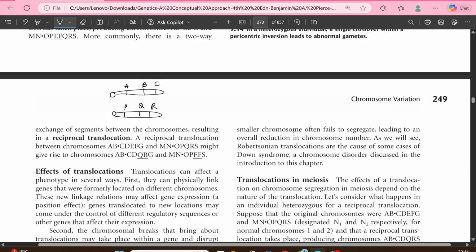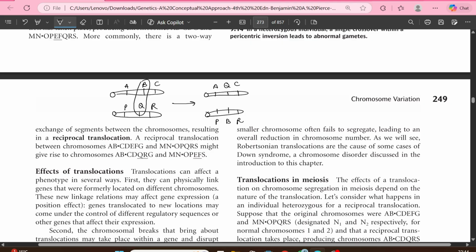So what happens, between B and Q, the inversion will, no sorry, not inversion, translocation will take place, and the resultant chromosomes will have A, Q and C, and here they will have P, B and R. So this is a simple kind of translocation.